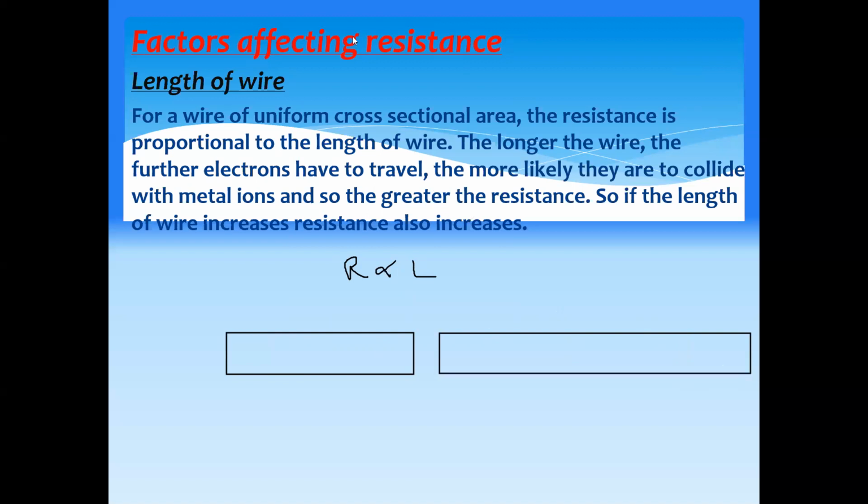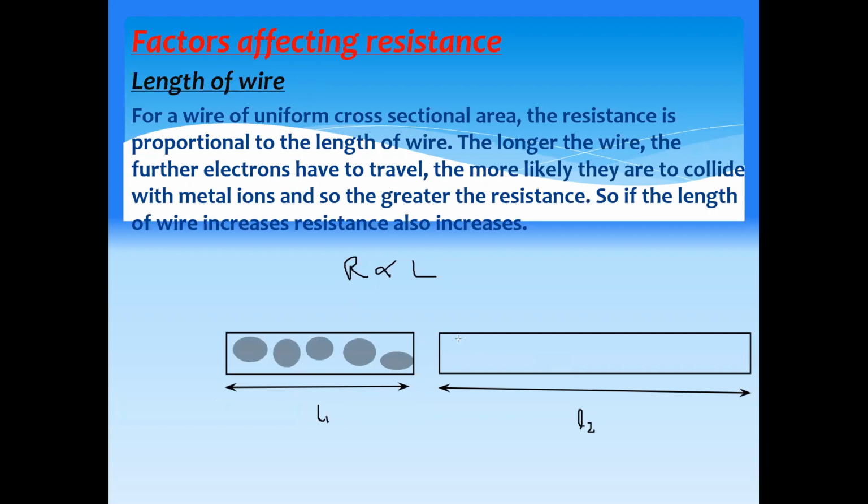If you have two wires with the same cross-sectional area but different length, resistance is proportional to length. What is the reason? All metals have lattice positive ions and delocalized electrons.